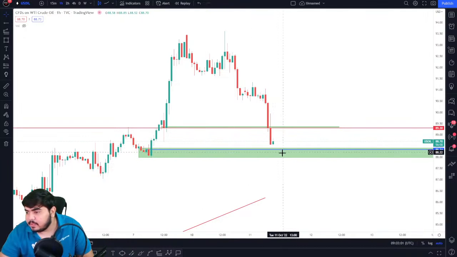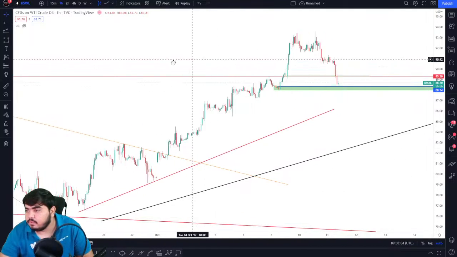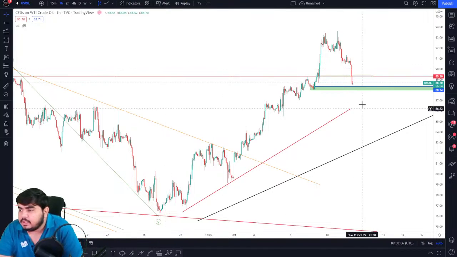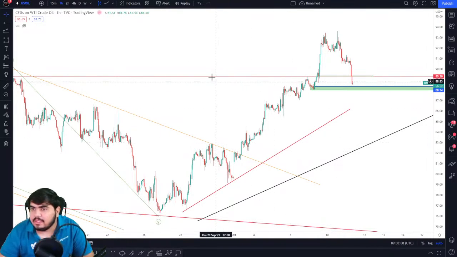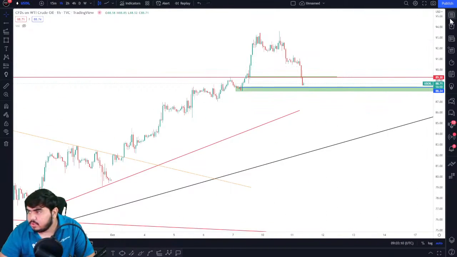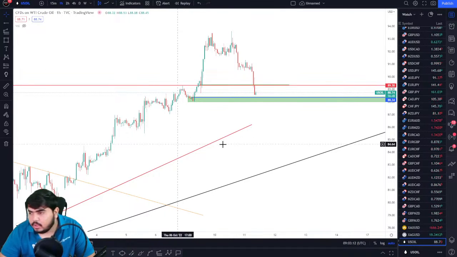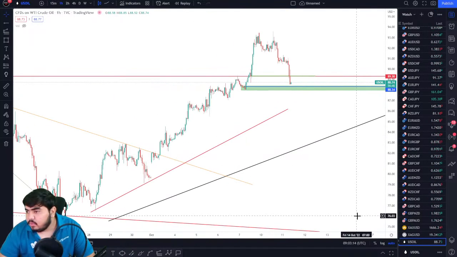So let's see, I'm expecting some sort of an upside bounce from this area on the US oil. So that's what we are seeing on the US oil.